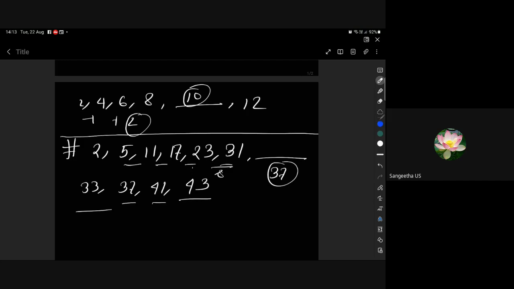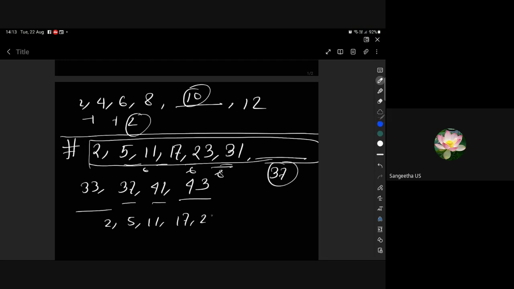Actually, these are also prime numbers: 2, 5, 11, 17, 23, 31, 37, then 43. This kind of question they used to ask. Understood? Any doubt in that?